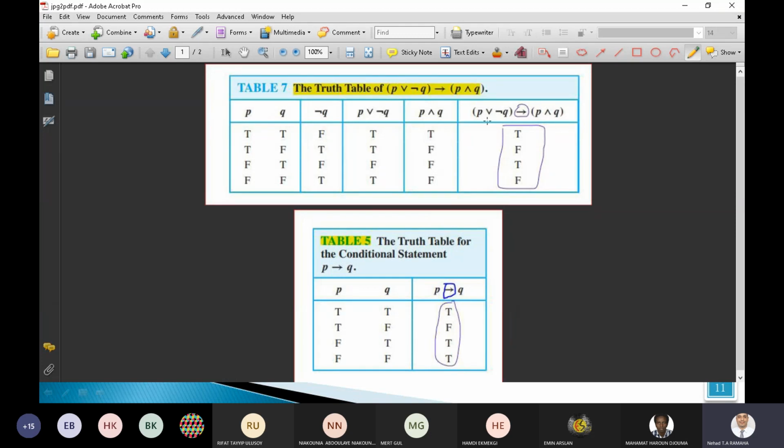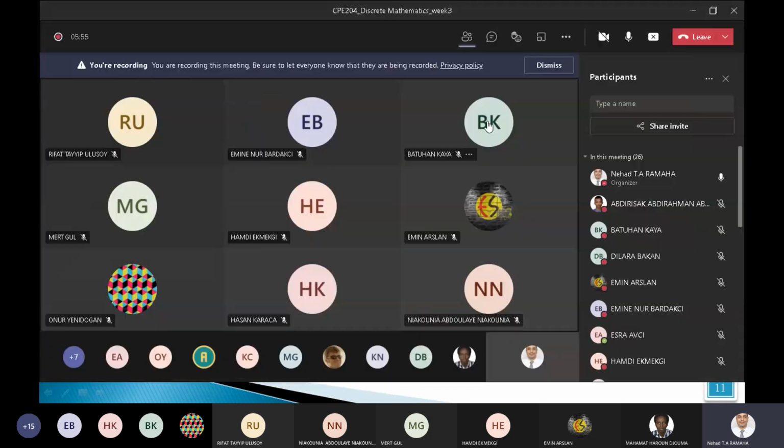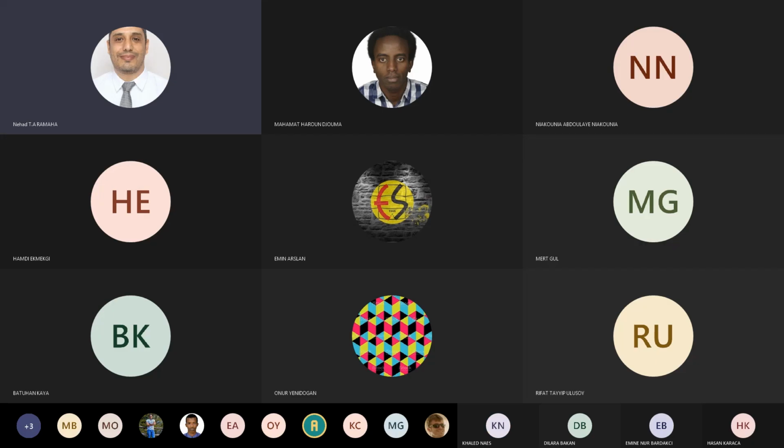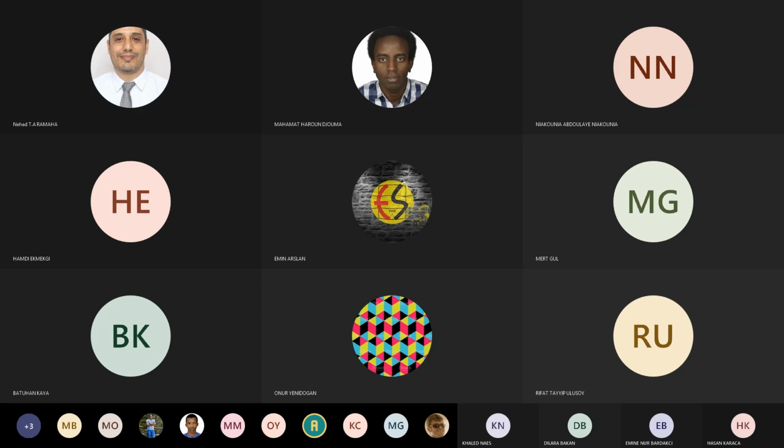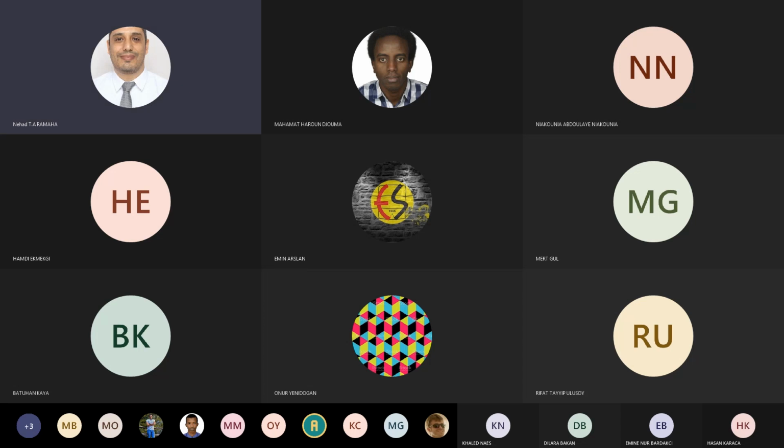So I will describe it, but before that, let me check something with you. To use a truth table to prove something, you need to first understand what a truth table is. I will use a whiteboard.